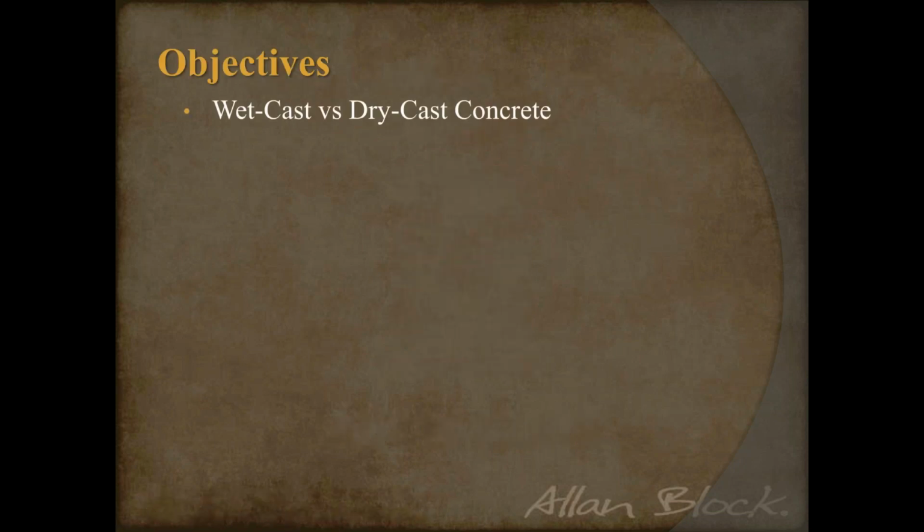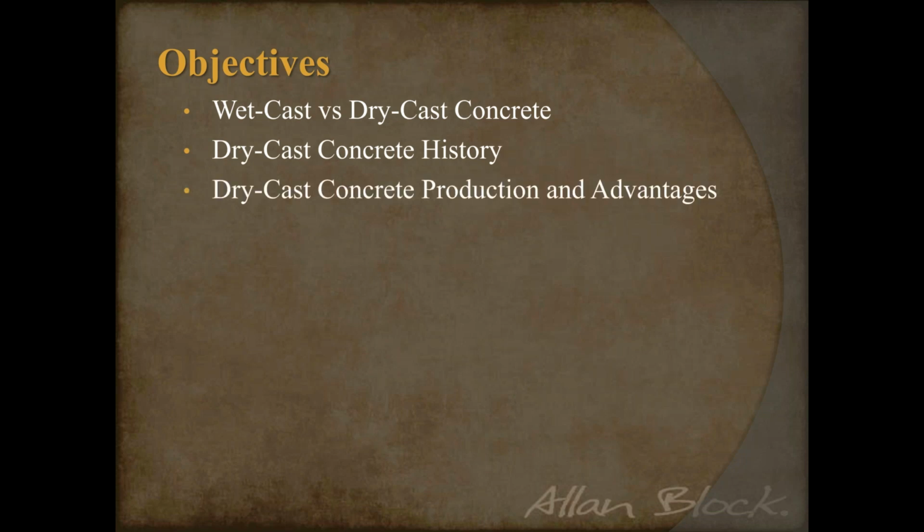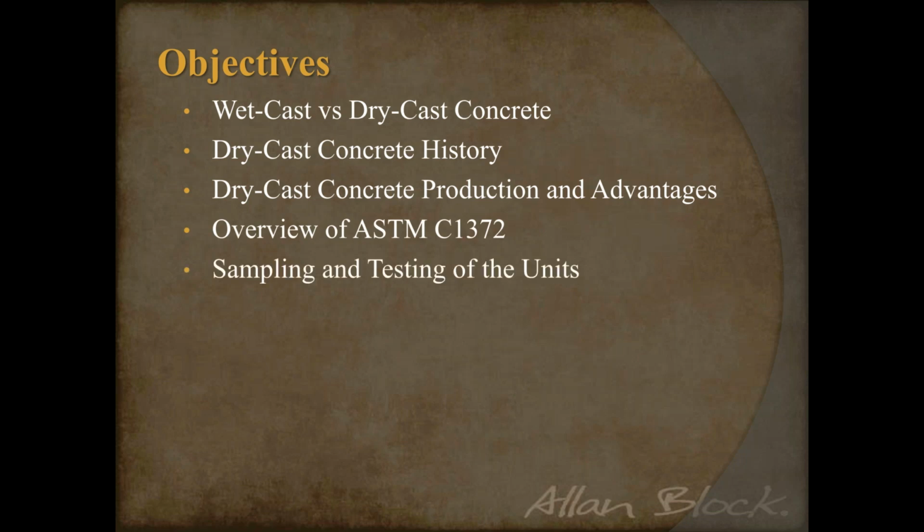So the objectives today: we're going to cover wet cast versus dry cast concrete. We're going to look at a basic history of where dry cast started. We're going to talk about dry cast concrete production and its advantages. We're going to certainly cover ASTM C1372. Within C1372 is sampling and testing.